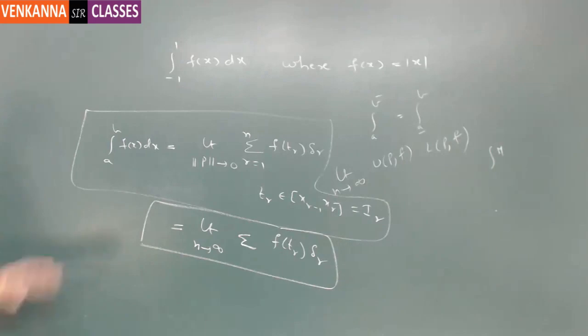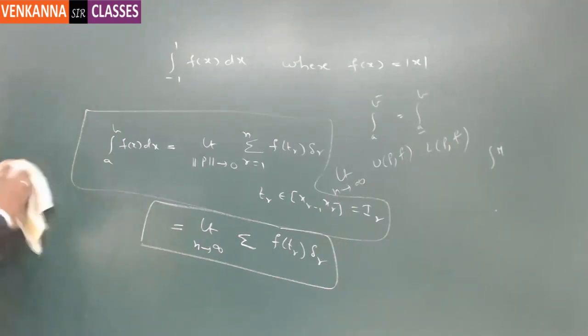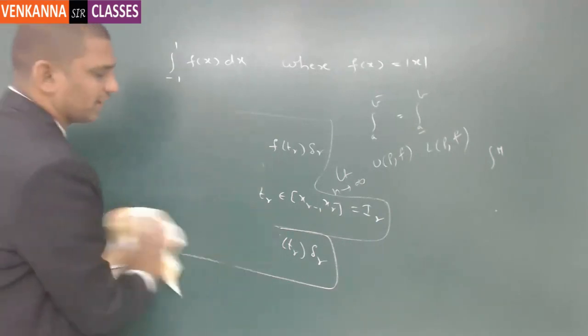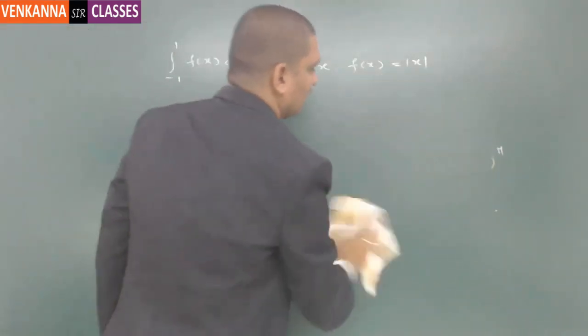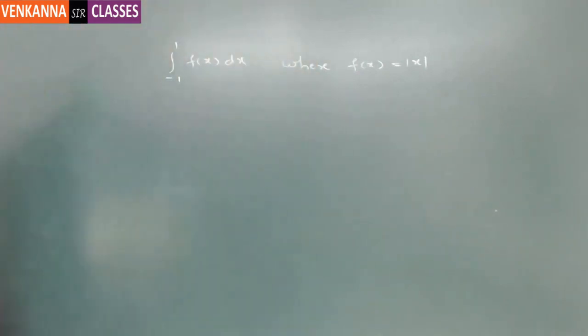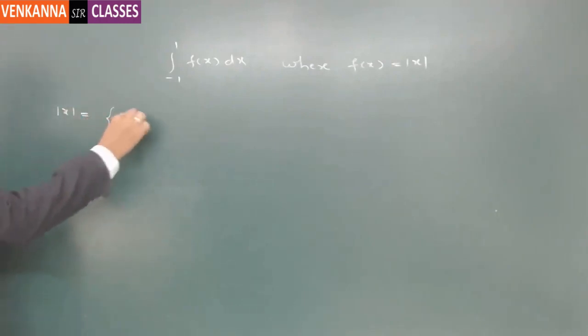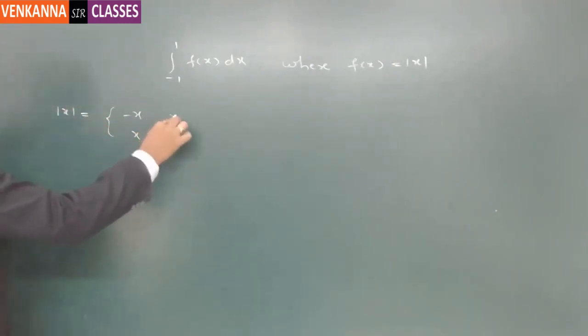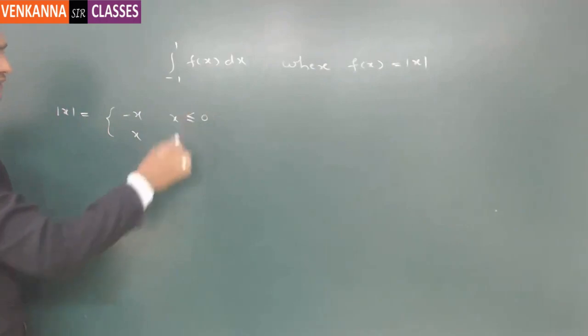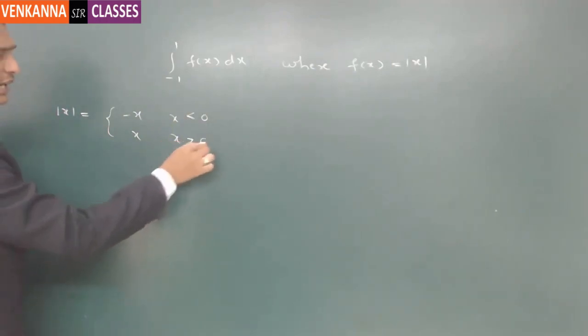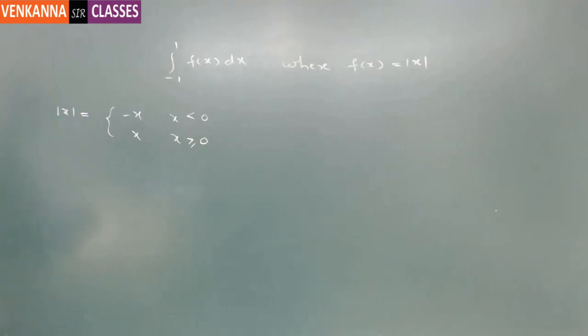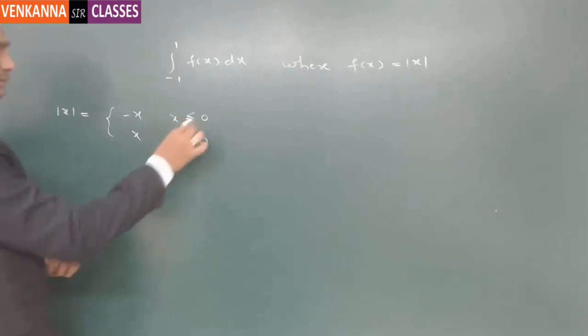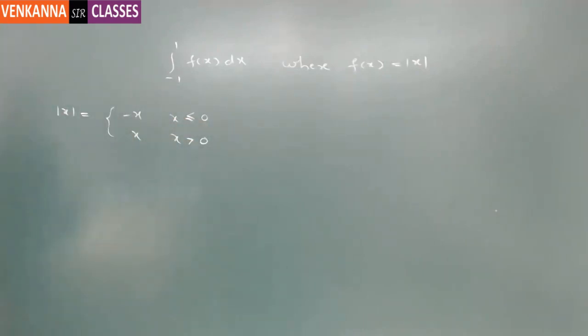Right. Now, let us go into the problem. First of all, we take the function here, which is nothing but mod x. As we know, the definition of mod x is minus x for x less than 0, and for x greater than or equal to 0, its value is x.